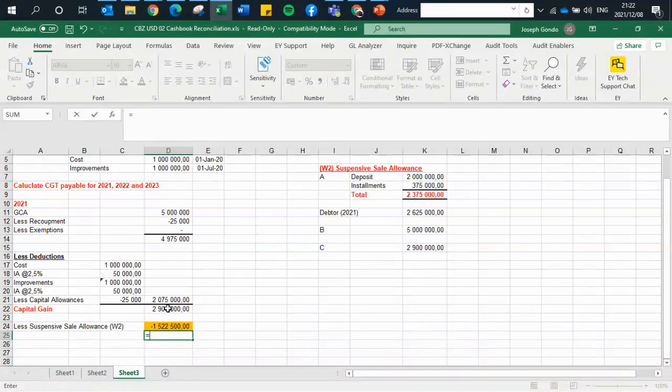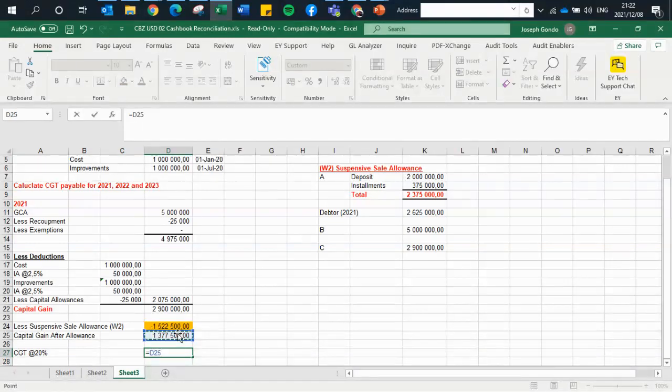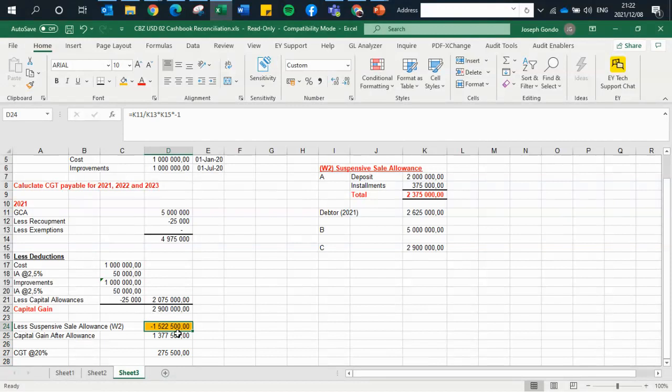This one plus this one. So capital gain after allowance. Then CGT at 20% will be this one multiplied by 20%. Okay, so that is 2021.